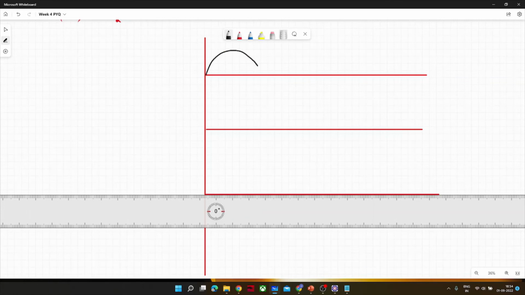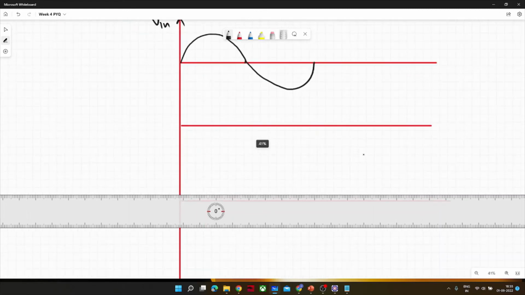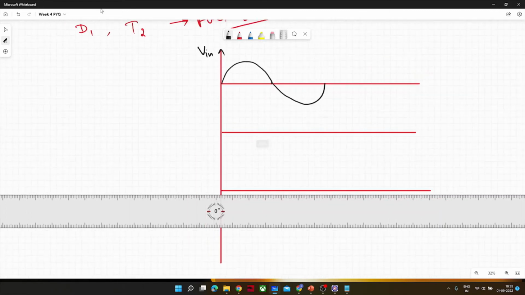Let's say supply is sinusoidal. This is V in. I should bring back the circuit also.